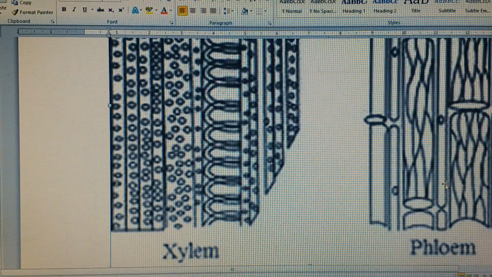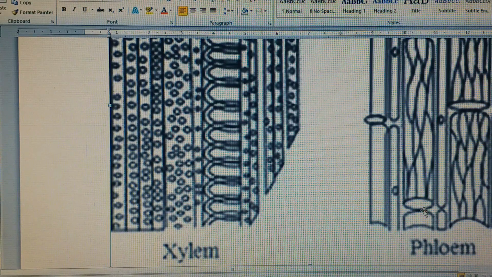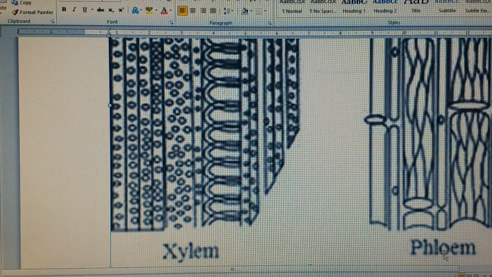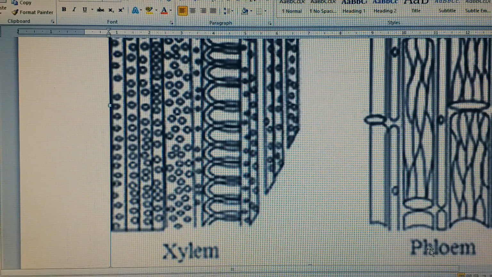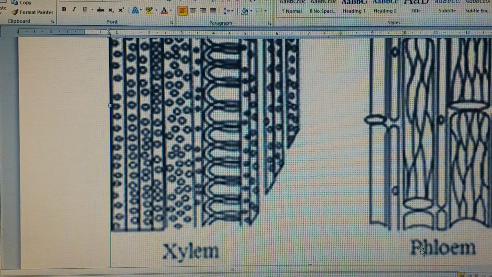So from where do they get the energy and food to grow properly? The mature leaves, which have an abundance of chloroplast, prepare food, and with the help of phloem this food is transported. Phloem is the food transport system of the plant body.